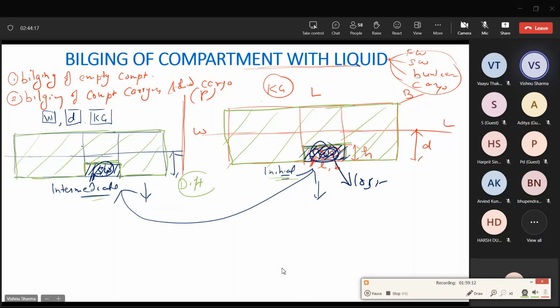After bilging, the ship in the intermediate condition would reach the same stage as the ship in the initial condition, her DB getting bilged. Do you agree with me? If you do not, let me know, guys.